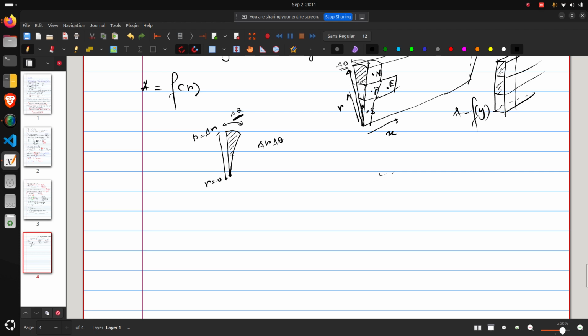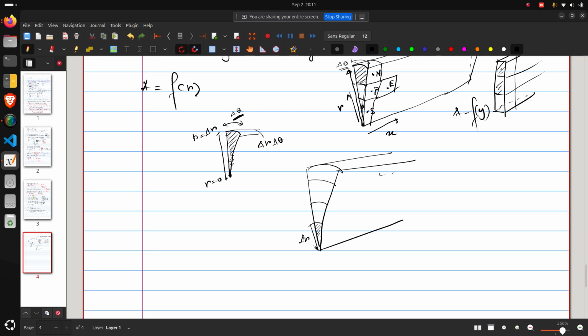No. At r equal to 0, we are not interested in the area at r equal to 0. We are interested in the area that is spanned by the first cell. So for example, if this is my computational domain, and this is the first cell, this is nothing but delta r. This is the second cell, third cell.